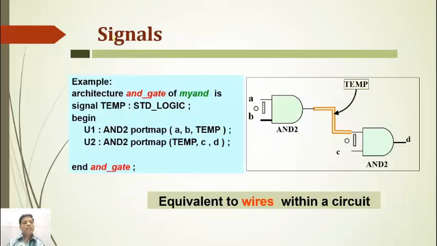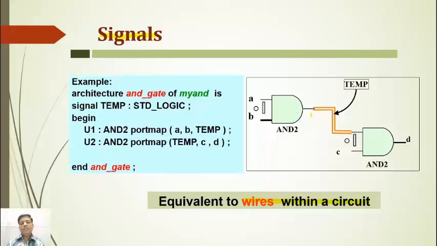Then next, signals. So here we have considered one example to know about that. A signal is nothing but equivalent to wires within a circuit. Two AND gates are there.